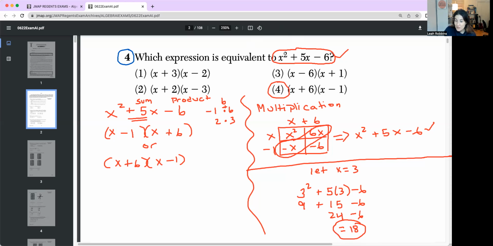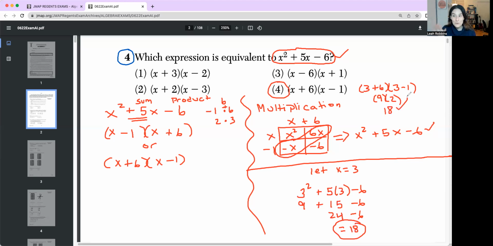So now I plug in 3 over here and I make sure I get the same answer. So when I do that, I'm going to have 3 plus 6 times 3 minus 1, 9 times 2 is equal to 18, check.